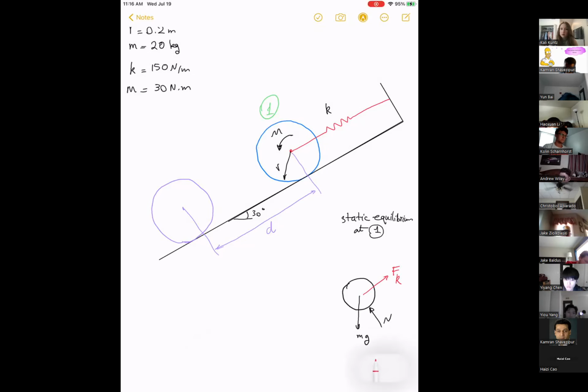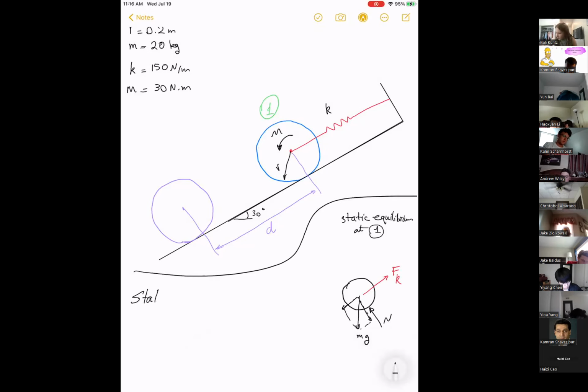If you consider this, I'm going to divide, obviously, mg into these components, right? So this is for a static equilibrium again. Let's say this is x, and this is y.